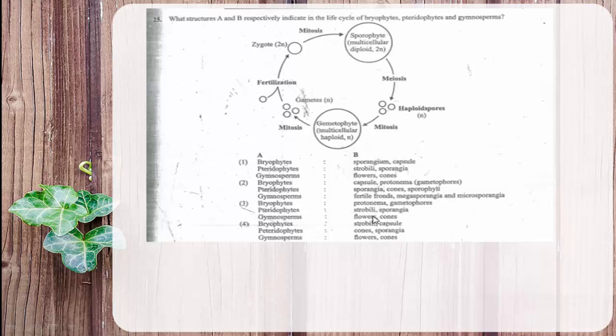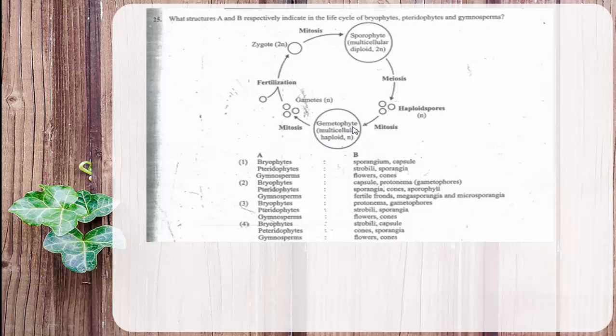And in column B, the related terms for these plant groups are mentioned and a general representation of life cycle is given. If you go through the life cycle, it is not possible to match which one is A and which one is the correct matching for the A in column B.